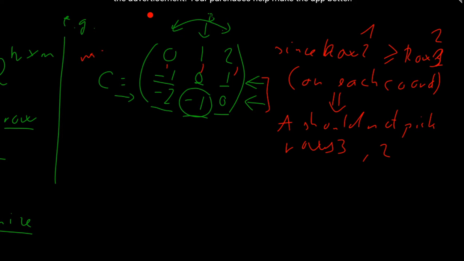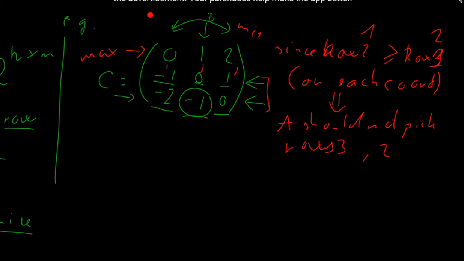So player A is the one trying to maximize the value of the game, and the second player, player B, wants to minimize the value of the game. So basically we just showed that no matter what, A will choose the first row if player A plays in a sane, rational way.